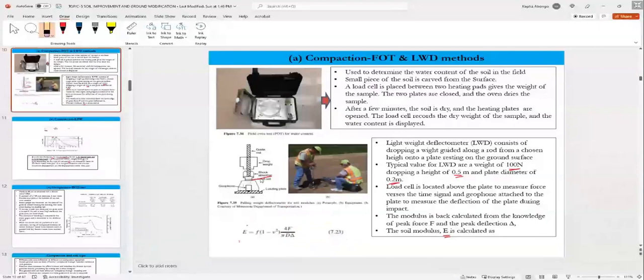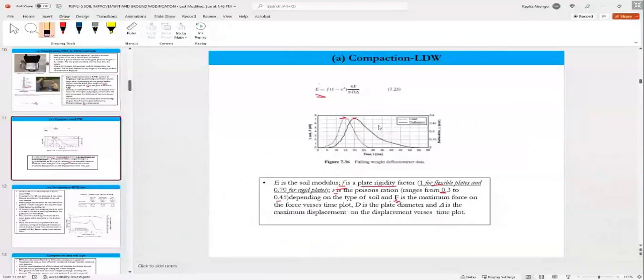As you drop down, it's going to measure deflection of the plate and the load, given in a time histogram: load and displacement with time, because it's producing a sinusoidal wave.